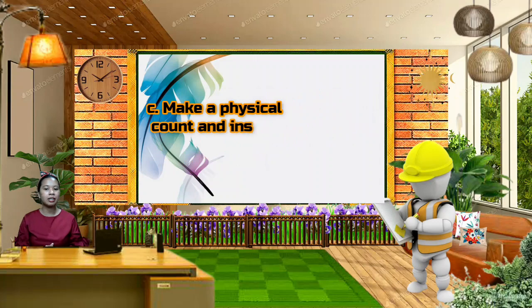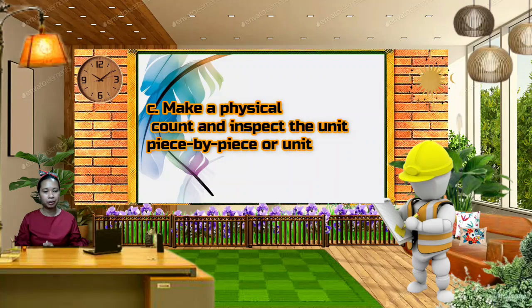Letter C is to make a physical count and inspect the unit piece by piece or unit by unit. Random sampling is not applicable for this type of delivery because you have to request the supplier or his representative to demonstrate the operation of the equipment.